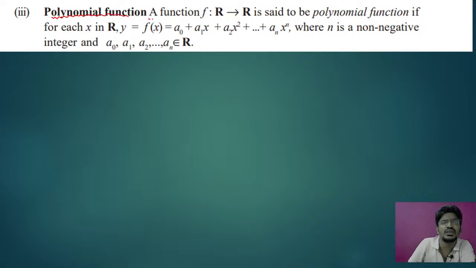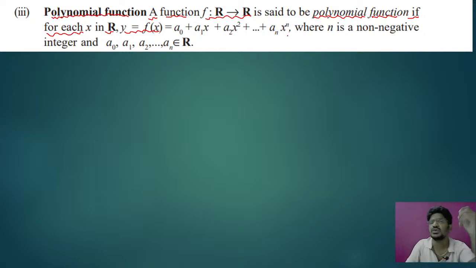Polynomial function: a function f from R to R, that is real numbers to real numbers, is said to be polynomial function if for each x in R, y equal to f of x is equal to a0 plus a1x plus a2x square, so on to plus an x raised to n, where n is a non-negative integer and a0, a1, a2, so on to an are real numbers.